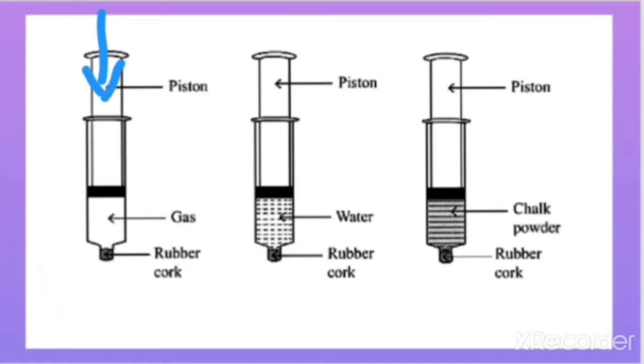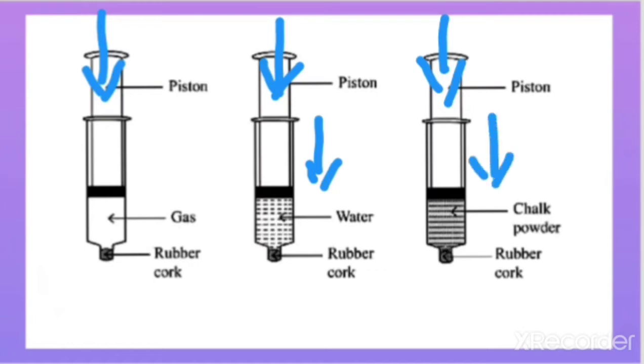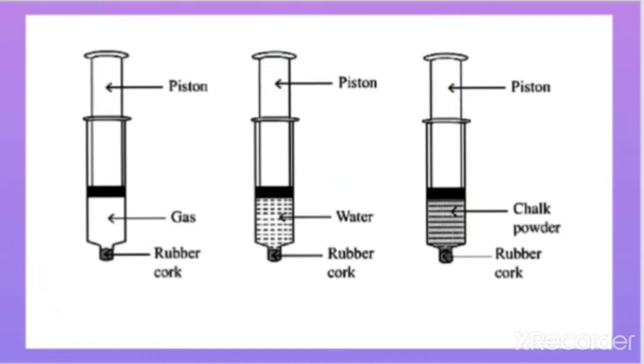By pushing this piston inward, in this direction. So what will be our observation? Here in this case it has air, that means gas, in this one water is there which is a liquid, and here it is chalk powder, that is a solid.